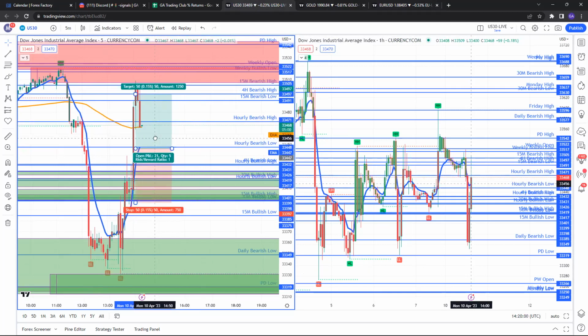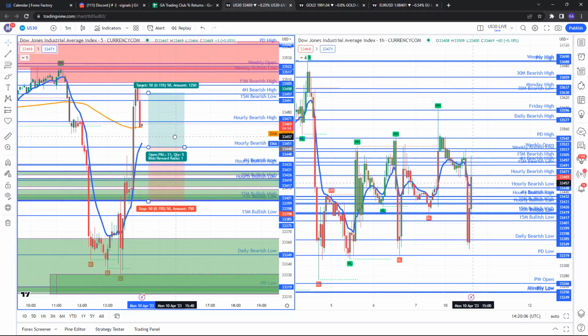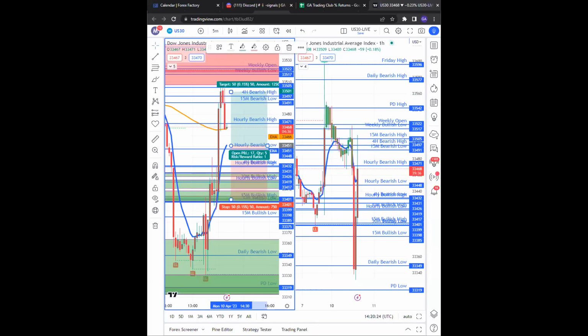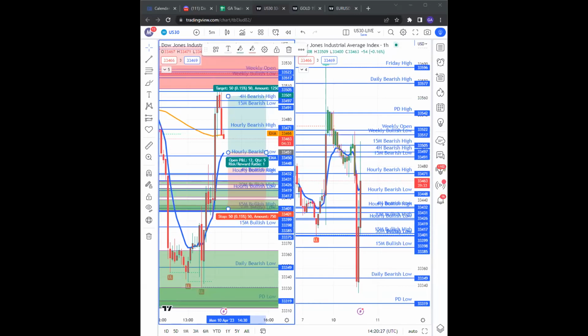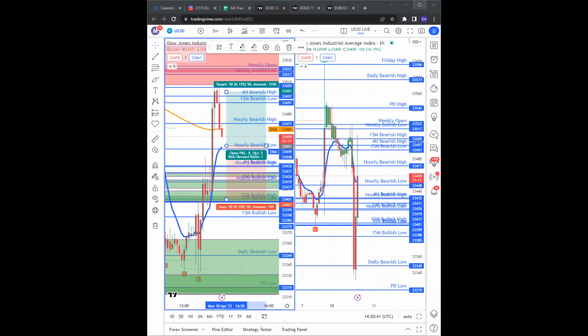But for the optimal entry, we want the retest of the 9 EMA. Let's see, still coming down. That's what we want.